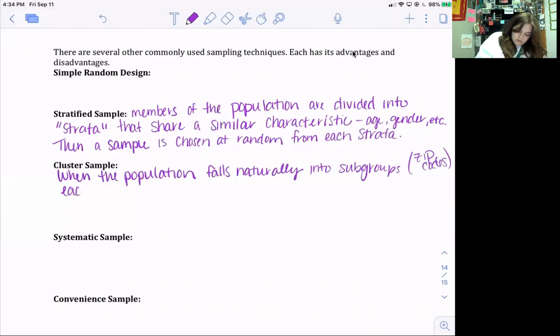Each with similar characteristics, called clusters.